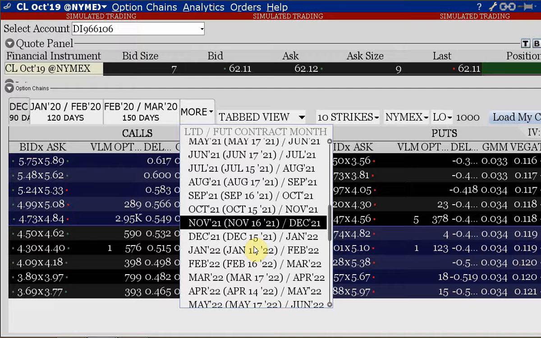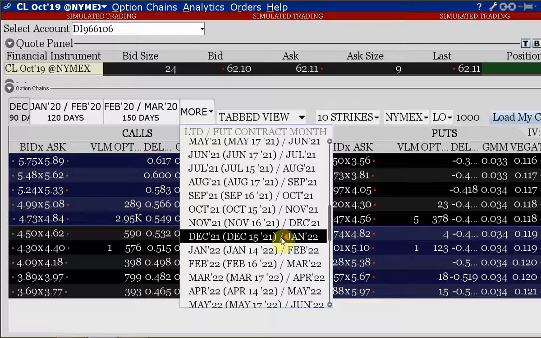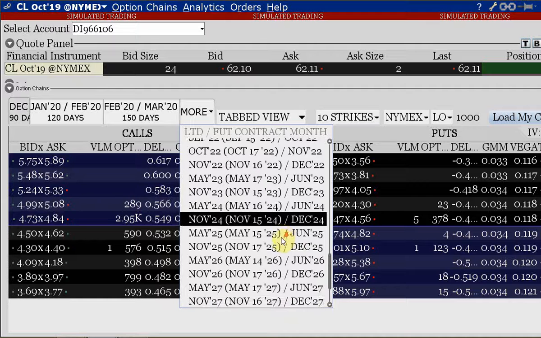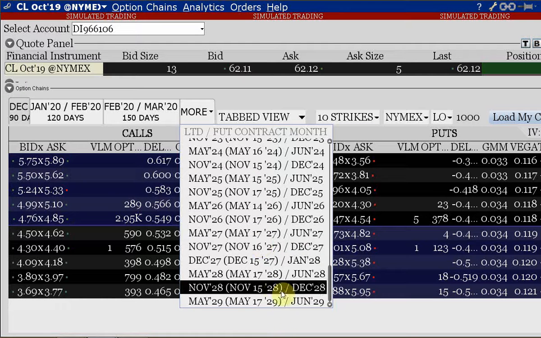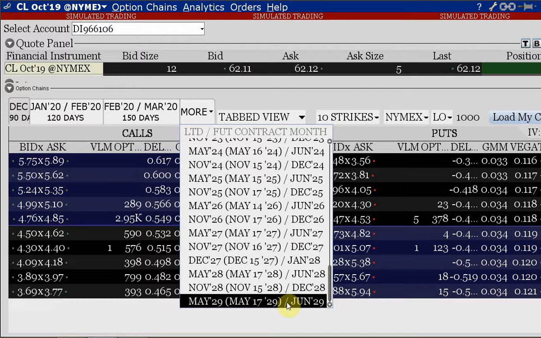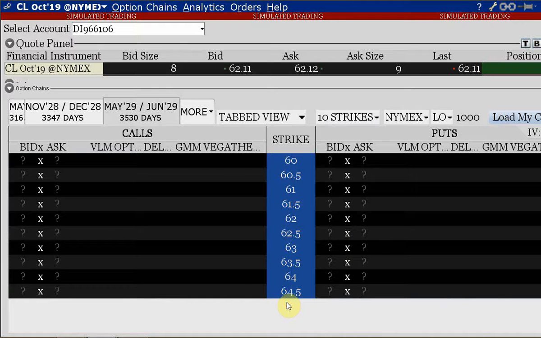It depends on the market. If the market itself is not liquid, typically you need good underlying liquidity. Here crude oil futures are very liquid. So look at crude oil futures, see where you can go with them. You can go up to 2029. They have listed options till 2029.